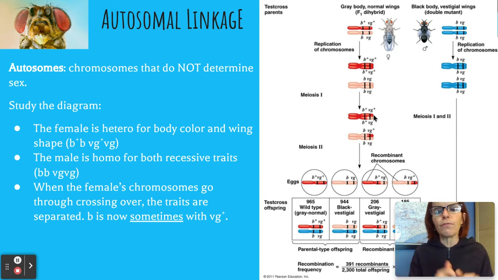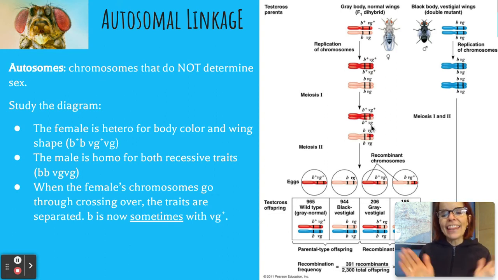It's still B plus and VG plus on that one sister chromatid. But notice the second red sister chromatid has a little pink tip on it now. And that's because they crossed over with the other one here. These 2 crossed over and they traded VG genes. They traded wing genes. That's what VG is for, vestigial wing. So they traded those genes.